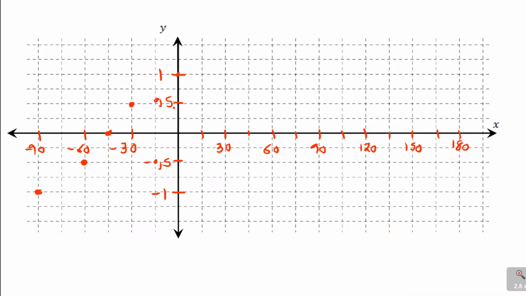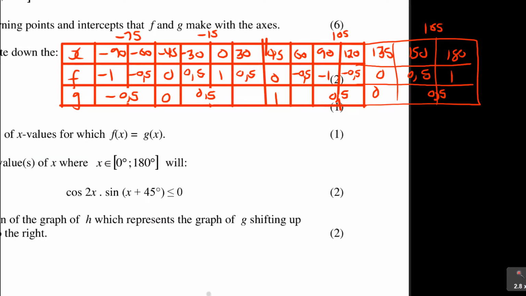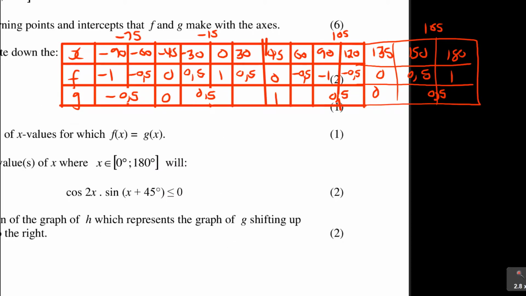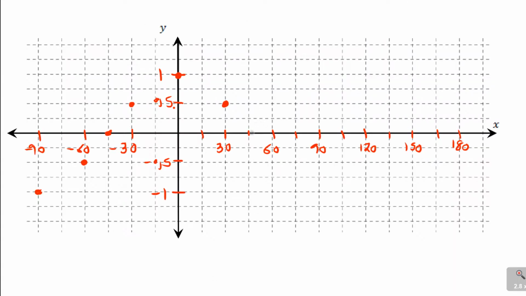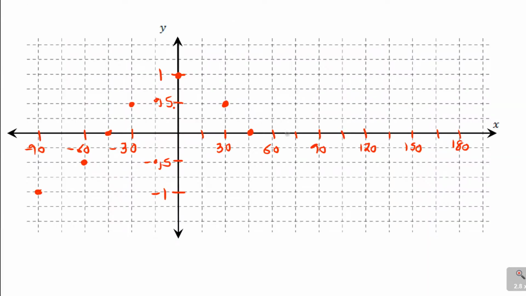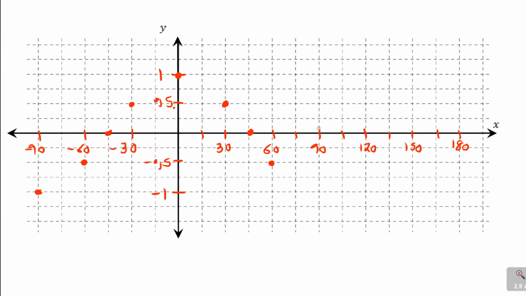See, you need to get comfortable with this. 30 is 0,5. 45 is 0, similar to the other side. 60 is negative 0,5. See, it's just a repetition there. 90 is minus 1.